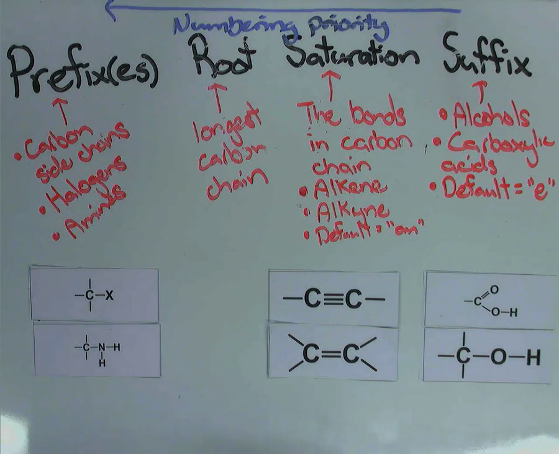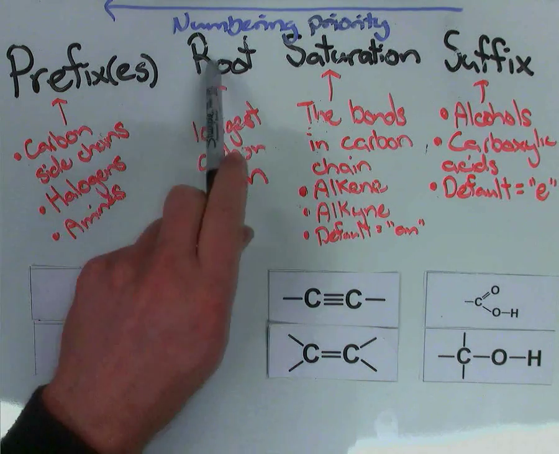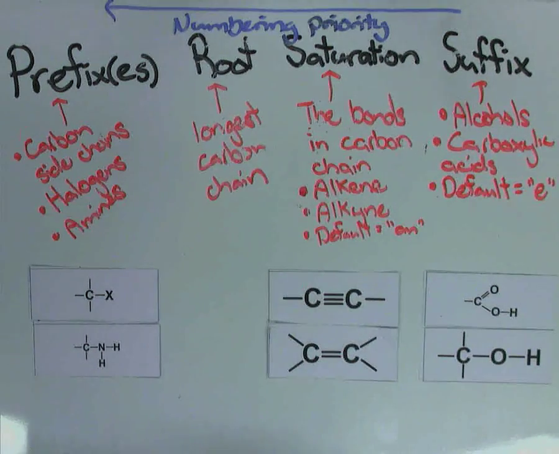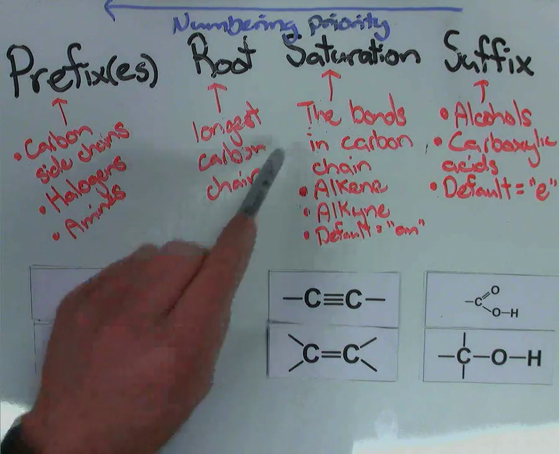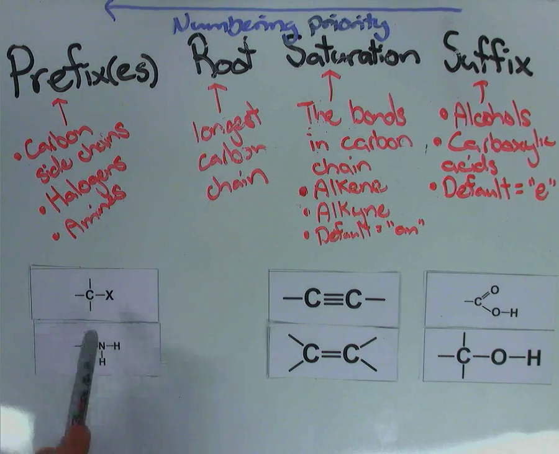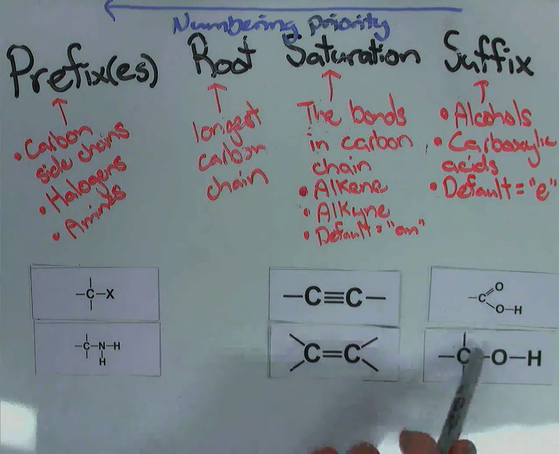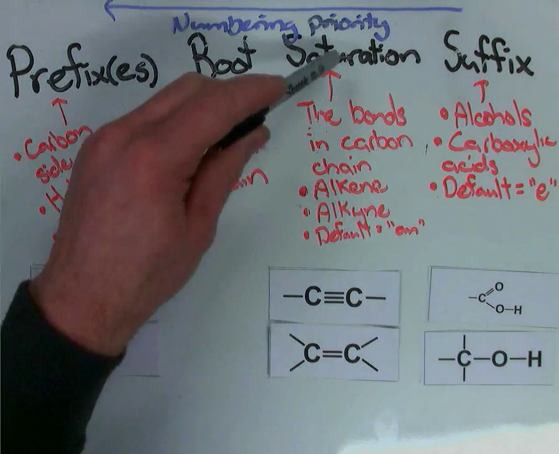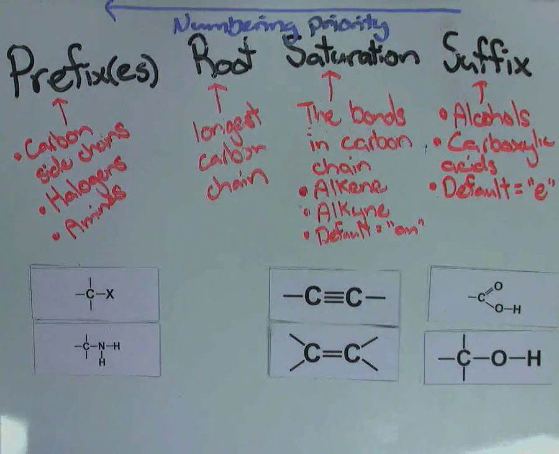I like to think of the naming system as being made up of 4 parts: prefixes, roots, saturation, and suffix. And underneath each one of those headings, I've written down what they refer to in terms of the structure. I've also got some flashcards of what the different functional groups are, and I've lined them up with the relevant section of the name.